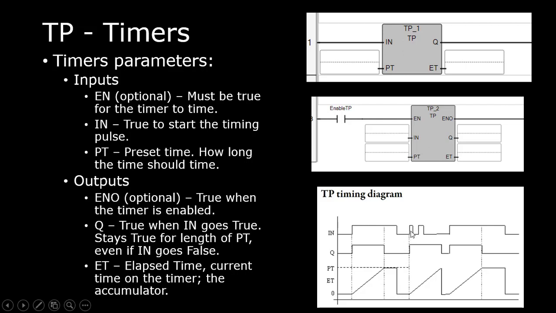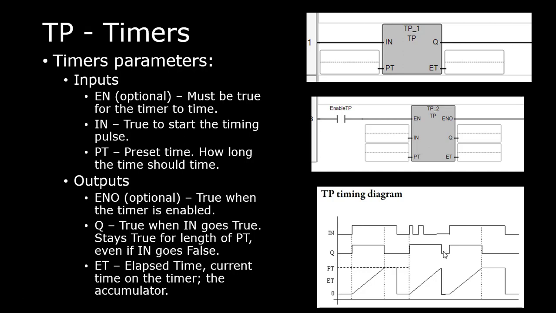Now when the input goes true, the Q will go true and the timer will start timing. But take notice, if the input goes false before the timer is done timing, the timer keeps timing, and the Q will remain on, no matter how many times the input transitions from true to false. And when the timer is done, the Q turns off.